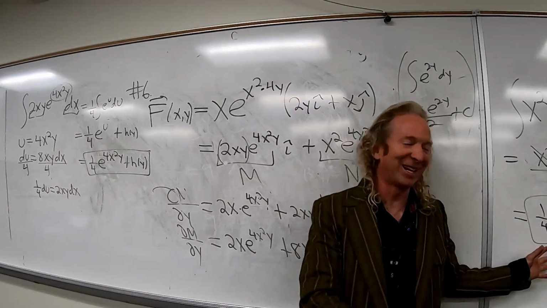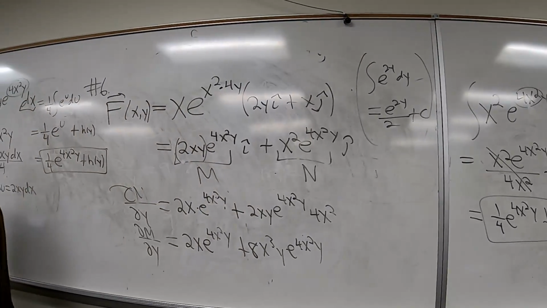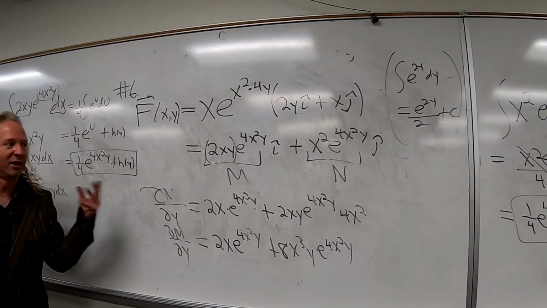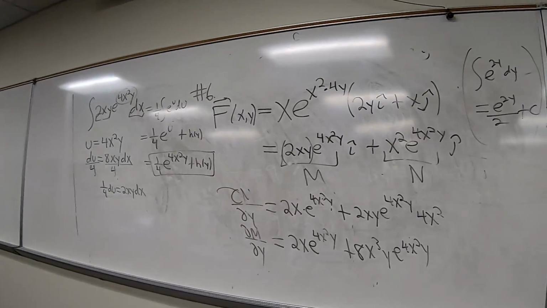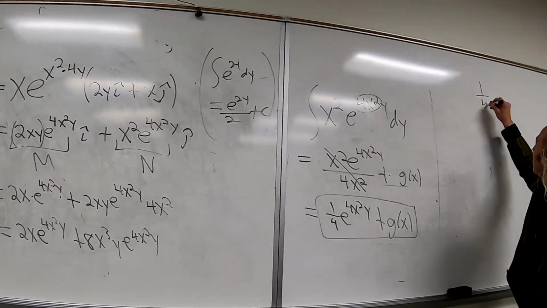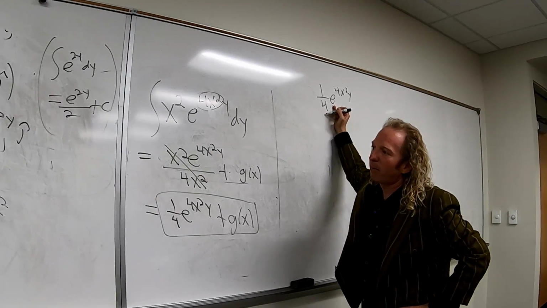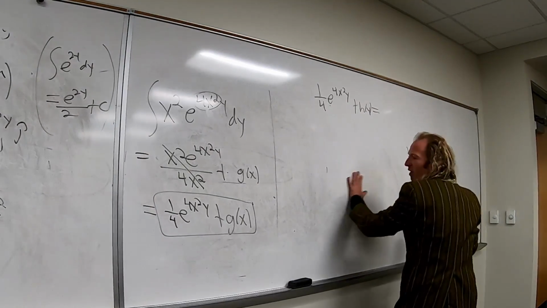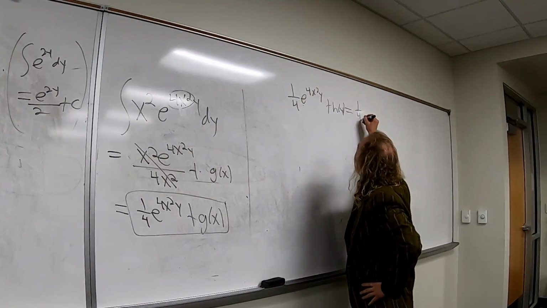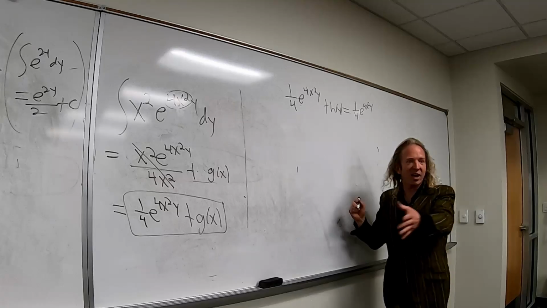Now what do you do with these? You set them equal to each other. So you have 1/4 e to the 4x squared y plus h of y equals, same thing, 1/4 e to the 4x squared y plus g of x.